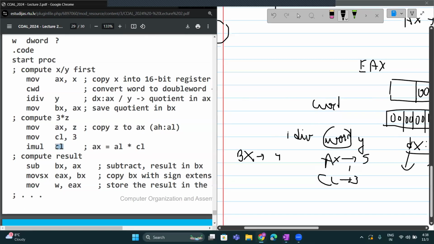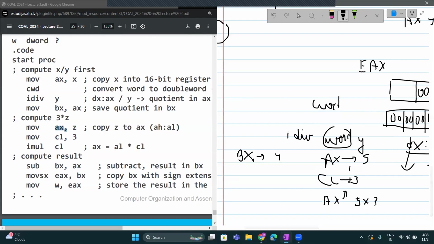Now what we are doing is multiplying by CL, and it is always multiplied with the same size accumulator operand. So AX times CL, and AX will save this multiplication. So 5 times 3, that is 15.